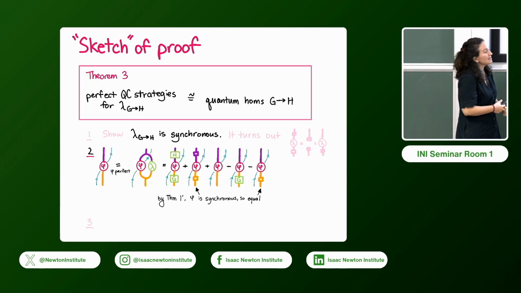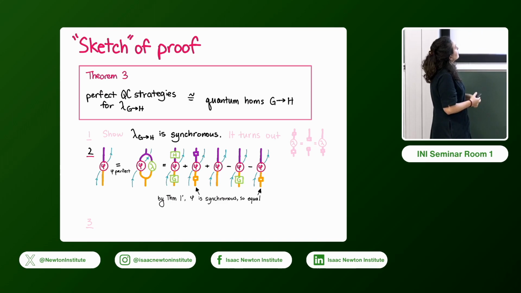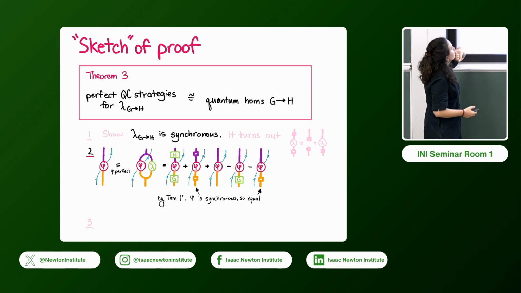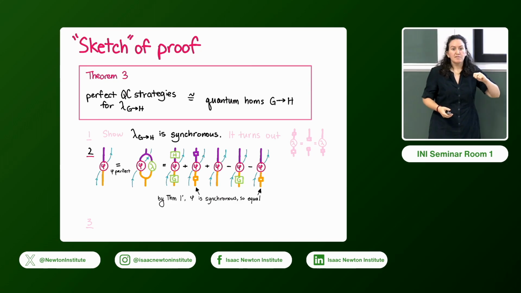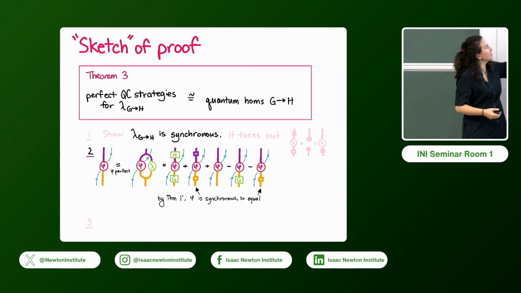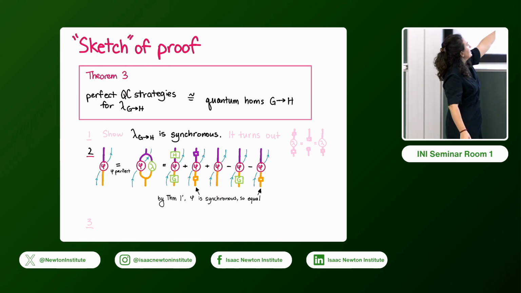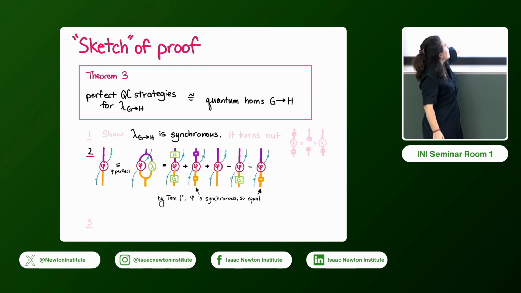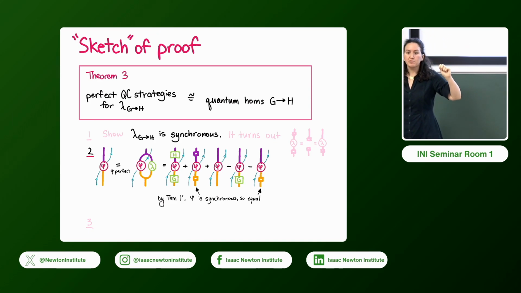And then we need to do some computations. We're starting from the left-hand side. We're starting with a perfect quantum commuting strategy for the graph homomorphism game, and we're going to show that it comes from a quantum homomorphism from G to H. So here's our strategy. Because it's perfect, we can introduce a Schur product with the rule function lambda.